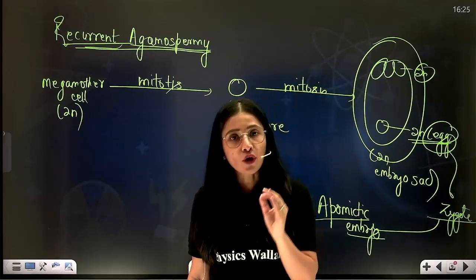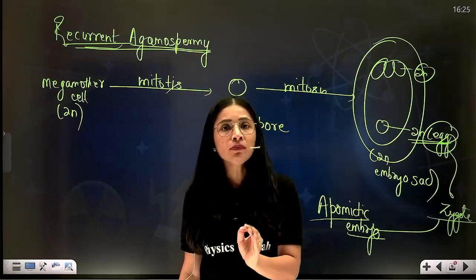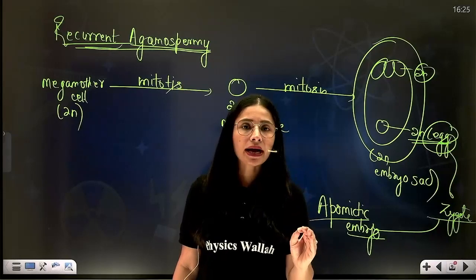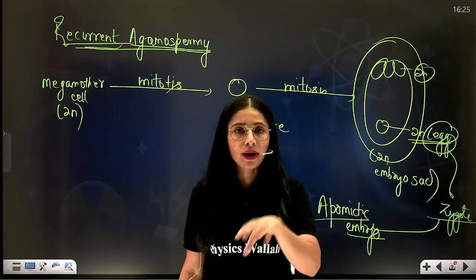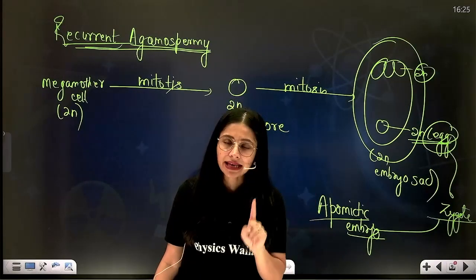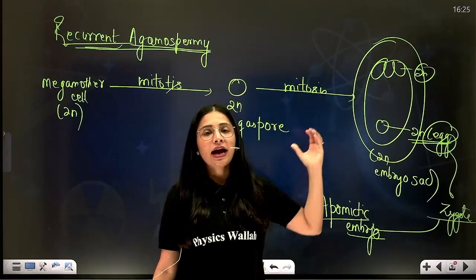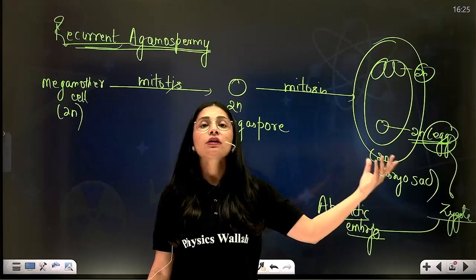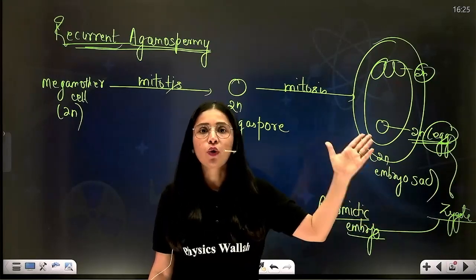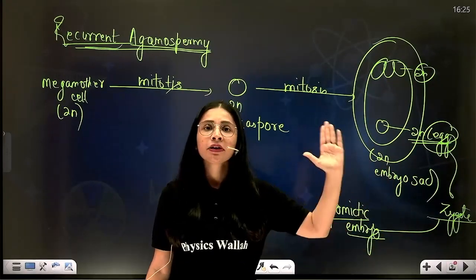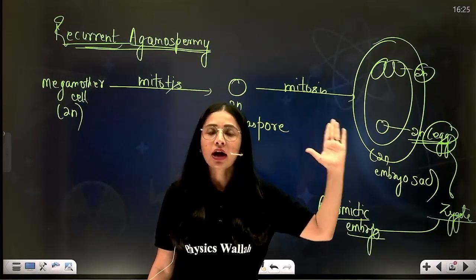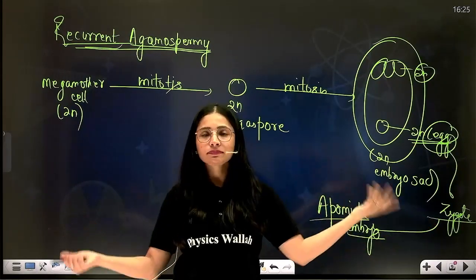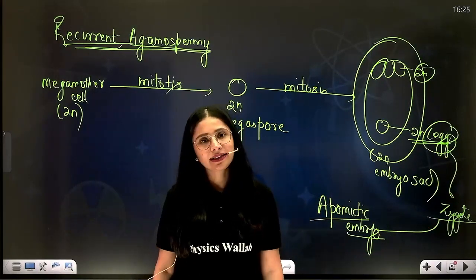Because to form seed, to transform the ovule, the prior requirement is formation of a diploid cell inside the embryo sac. And here you see how we have produced a diploid cell inside the embryo sac without fertilization. So the ovule gets the signal, transforms into seed, and transforms the ovary wall into fruit. So the process is done.